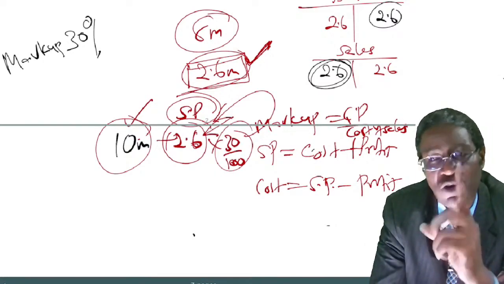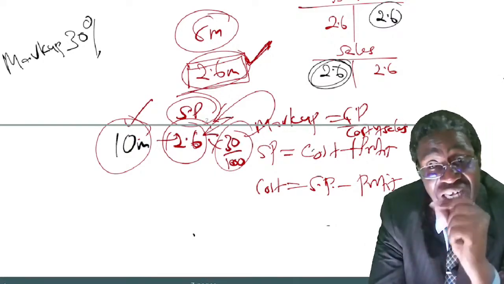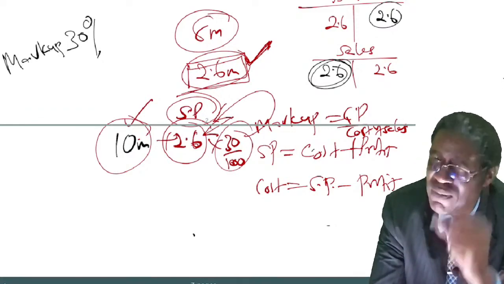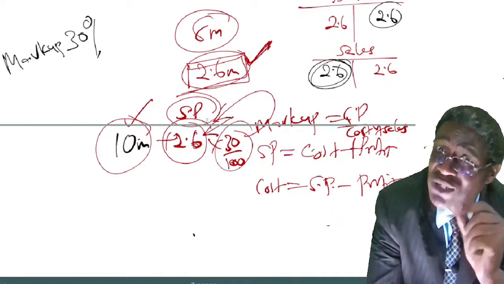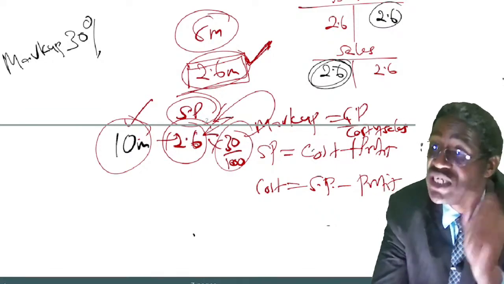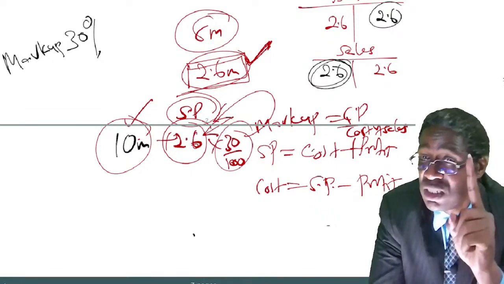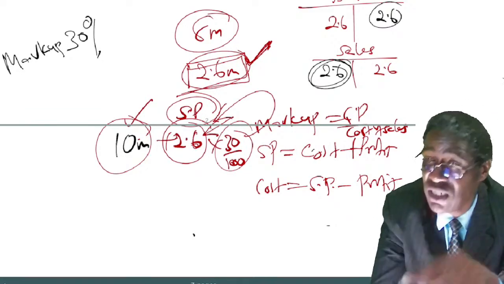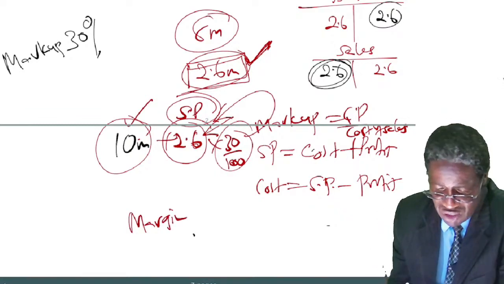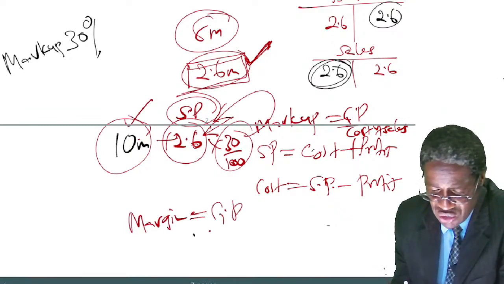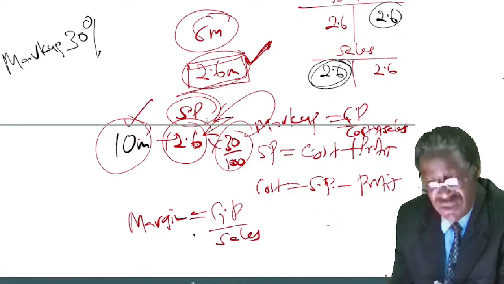So for this question, the other trick was, the examiner wanted you to remember, because you are given markup and you are given selling price, you did not need the markup. You needed what we call margin. Because margin is GP divided by sales.